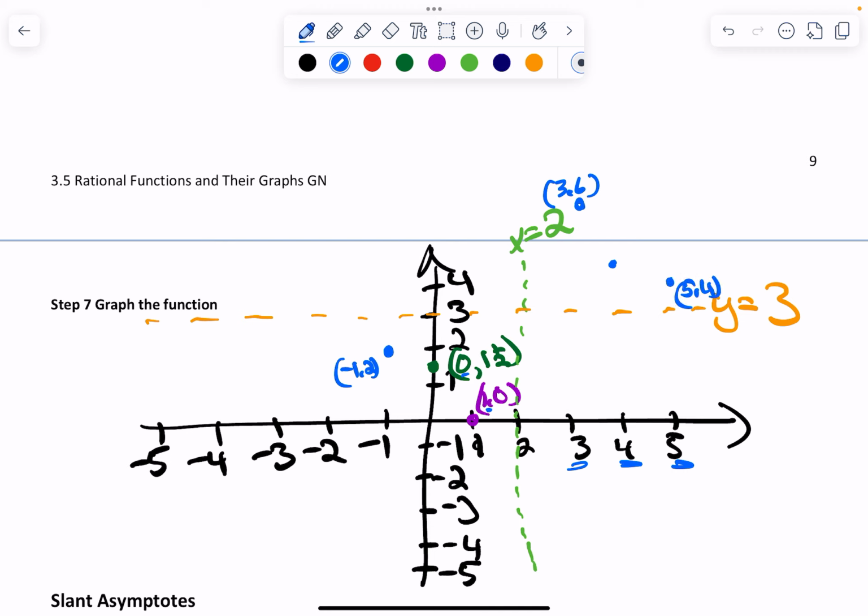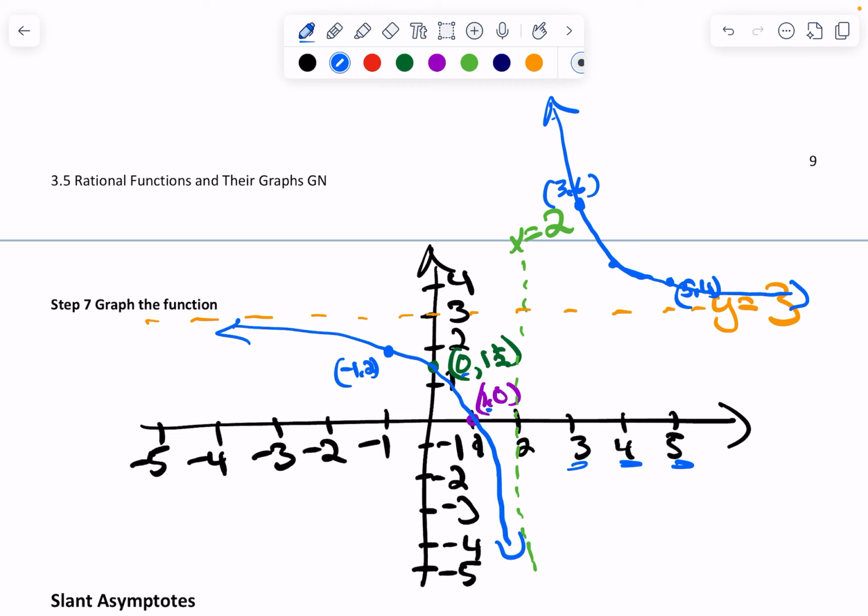Now we can kind of see that we have to remember that it does not cross the asymptote. It just keeps approaching it on this side, and it does the same thing over here. One thing that you can use is a website called Desmos, if you're not familiar with it.